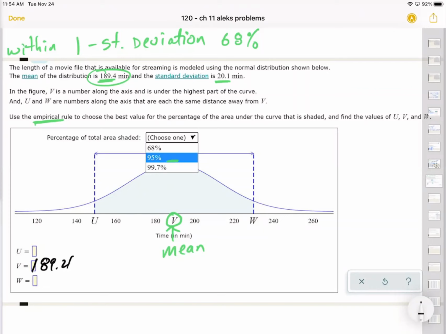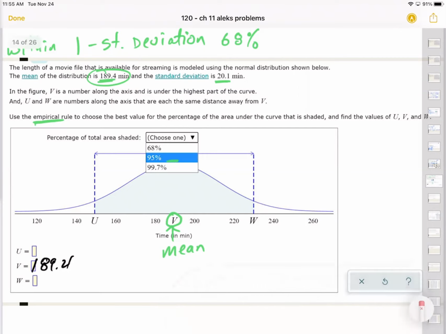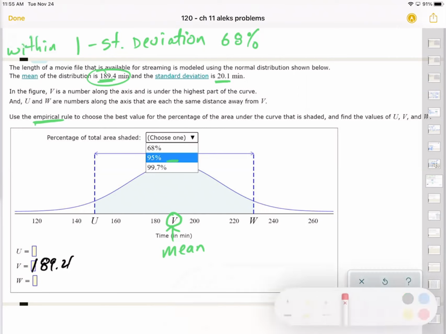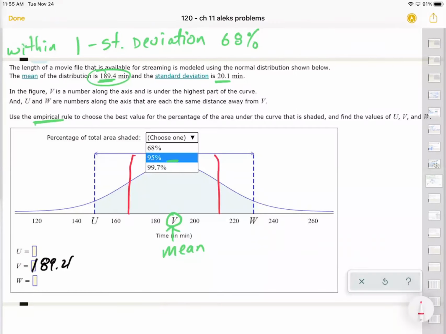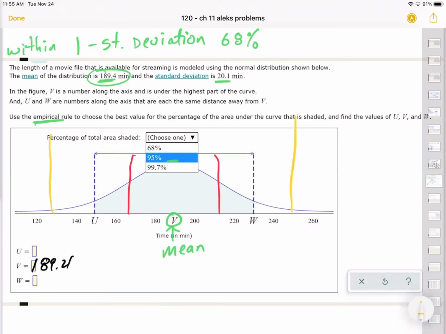Now they ask you to estimate how much of the percentage is shaded. Is it 68? Is it 95? Or is it 99.7? You have to choose one of them. Hopefully you can guesstimate which one by looking at the shaded region. Remember, we have 68% if it's within 1 standard deviation, and we have 99.7% out here.